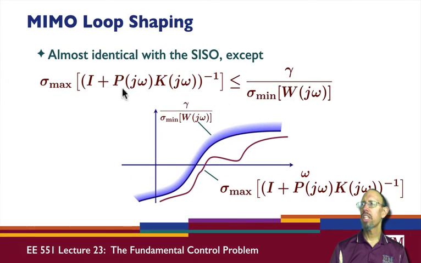So if we look at this quantity, we can go through and show that the maximum singular value of this quantity must be less than or equal to this ratio. So this is like what we had in the single input, single output case, but now we're working with singular values instead of absolute values. But it's the same kind of thing we're looking at.